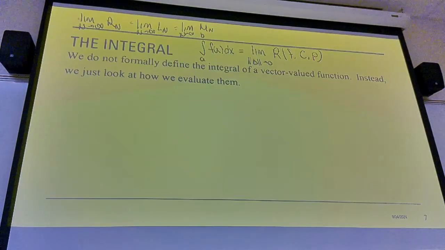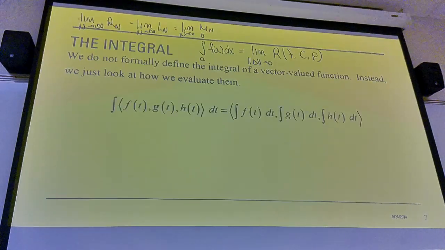To evaluate the antiderivative of a vector, you just find the antiderivative of each component, which again makes sense because antiderivative is the inverse operation of a derivative. And since the integral is just a limit, and we know that we can pull the limit inside of the vector, finding an integral is just integrating each component.